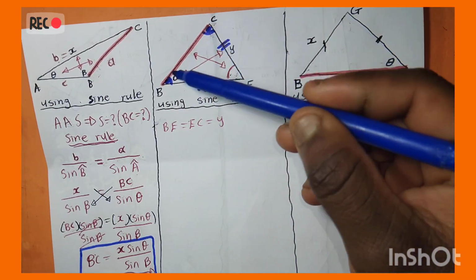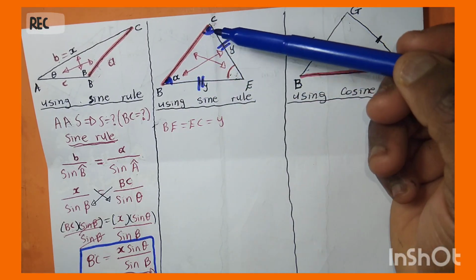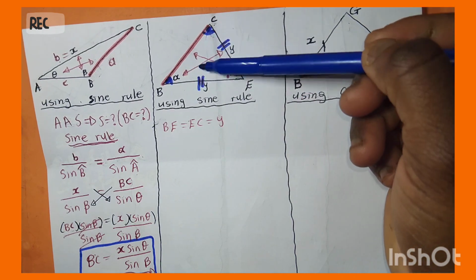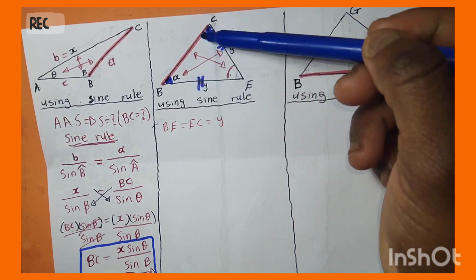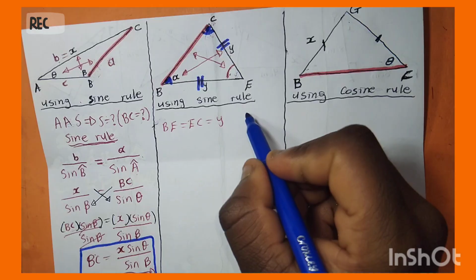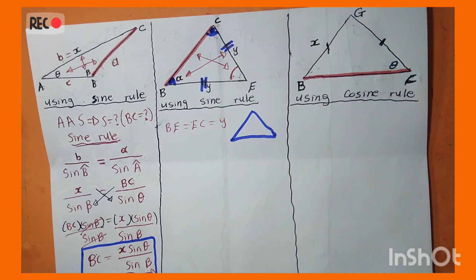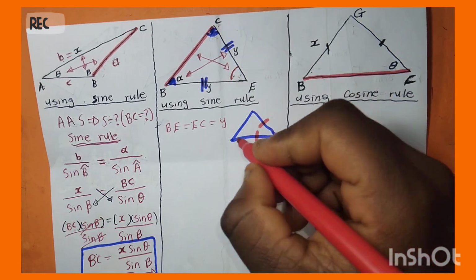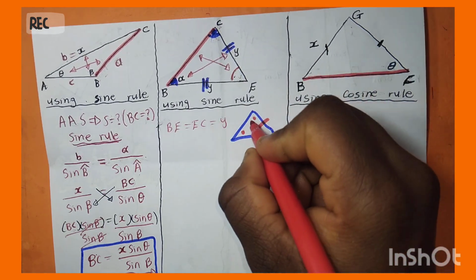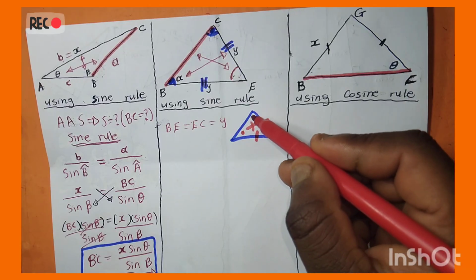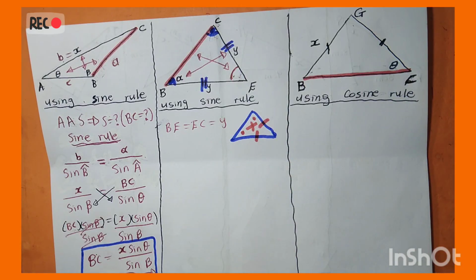It means the angles opposite equal sides. Let me just try to do it here. Something like this. If I got something like this, these are equal, it means that these two will be equal because those two angles are opposite equal sides.